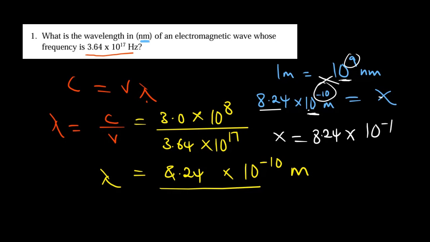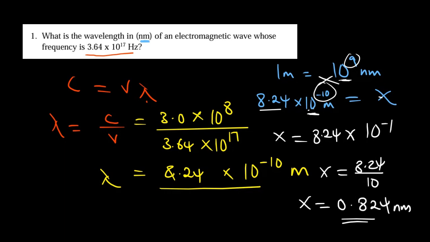So 8.24 multiplied by 10 to the power minus 1 is the same as x equals 8.24 divided by 10. So this will give me x equals 0.824, and these are what? Nanometers.